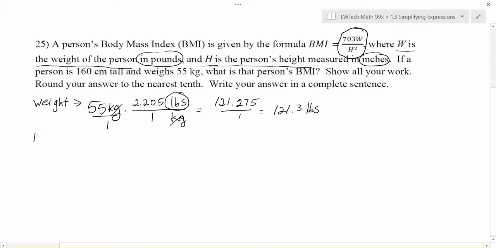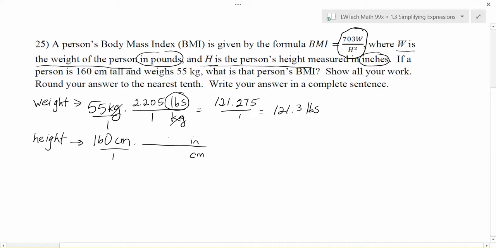Then we need to figure out that person's height. Right now we're given that they are 160 centimeters tall, and we want to go from centimeters to inches. In this case, centimeters are on top, so they need to go on the bottom. We can look up the relationship between centimeters and inches on a conversion chart if it's not something you know.